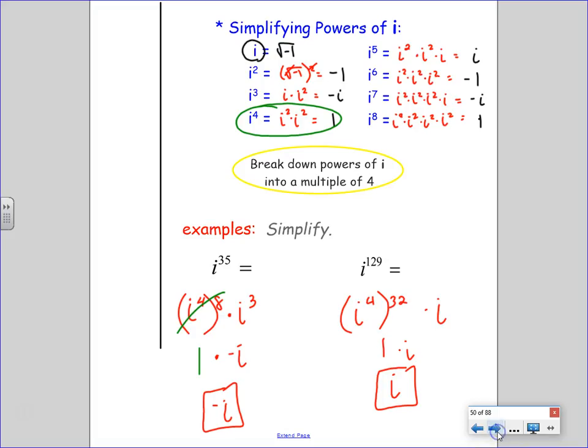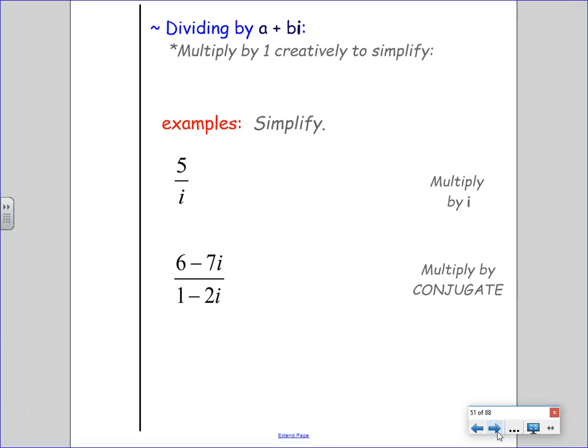Okay, moving on. Dividing. I need you guys to think with dividing. Imaginary numbers in the denominator do not belong. Or maybe I should say, should not remain.